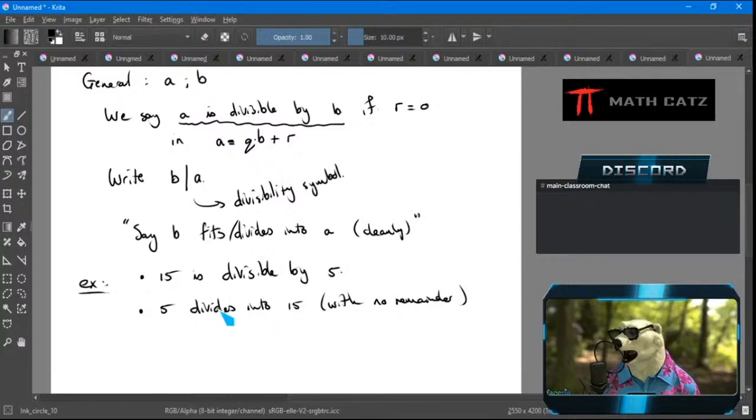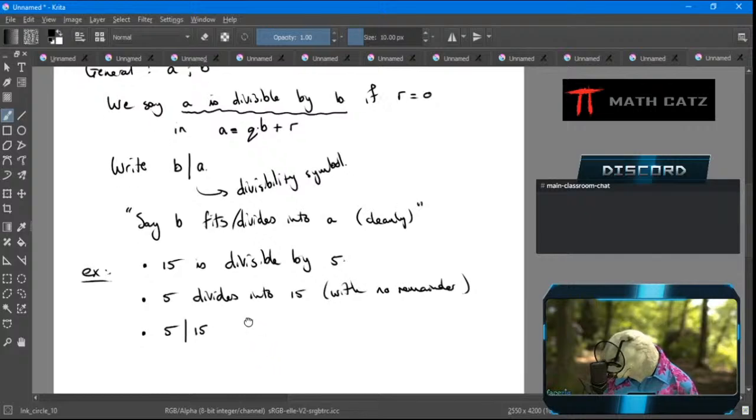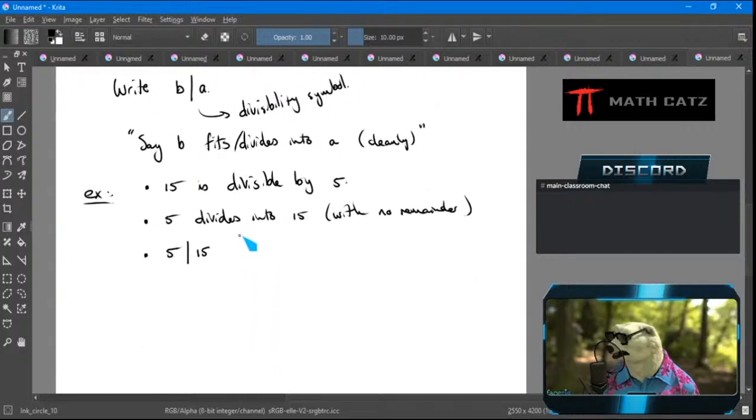So when we say 5 divides into 15, it implies that there's no remainder. So that's okay to say. Mathematically, 5 divisibility symbol 15. Divisor comes first in that sentence. Don't flip it around. I can also say that by way of the quotient version, 15 equals 3 times 5 plus 0, of course.